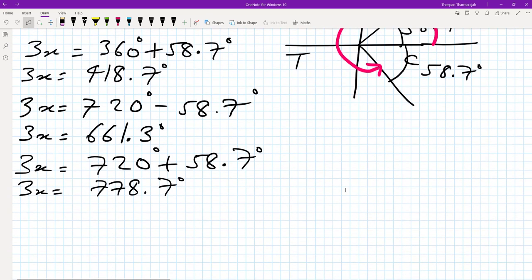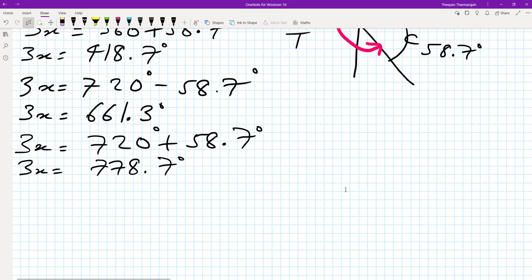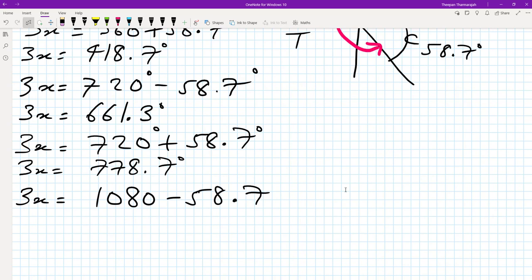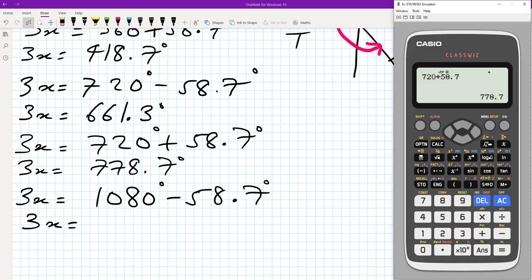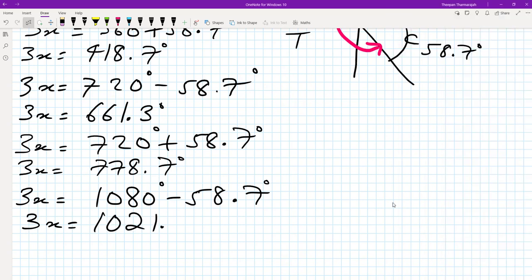And then lastly, we're going to do 3x is 1080 minus 58.7 degrees. So that gives me 1021.3 degrees.